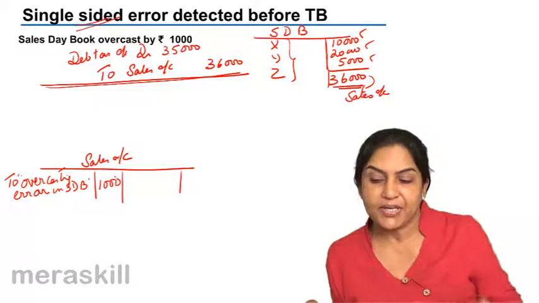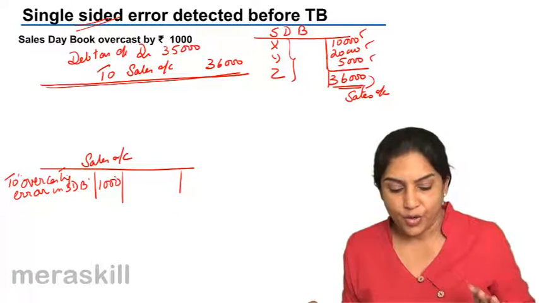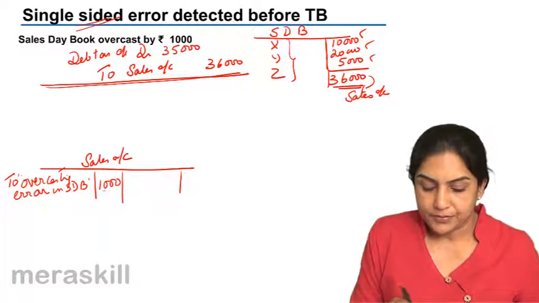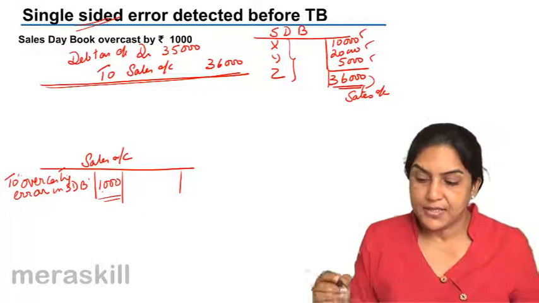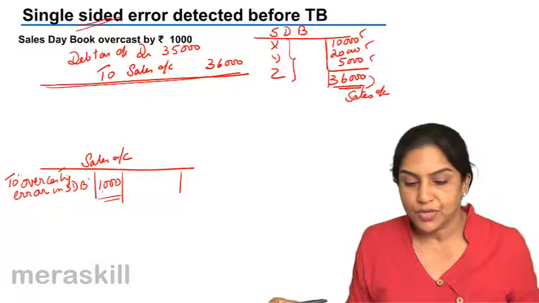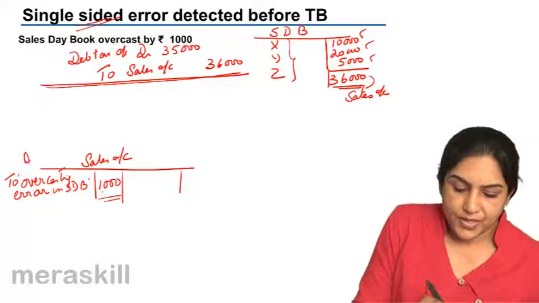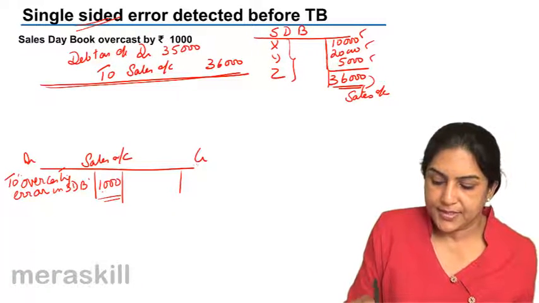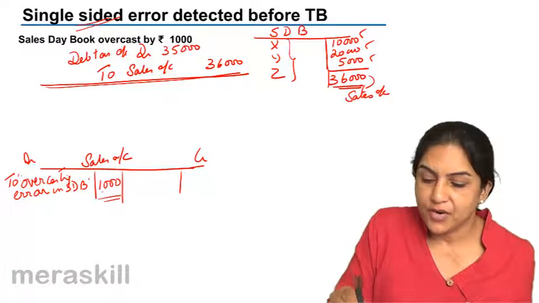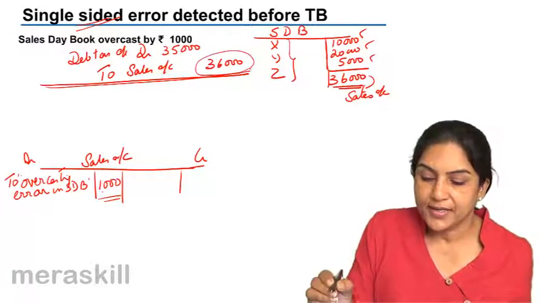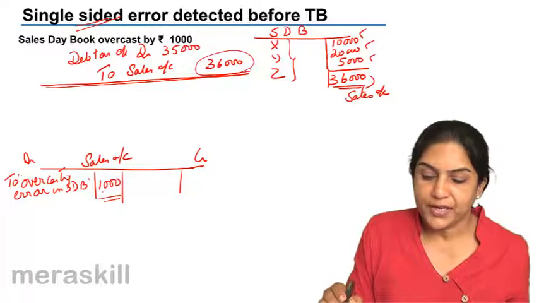This is a pretty simple example, and I hope the effect is very easy to deduce. So sales account, debit, credit, sales account, excess credit here. In order to remove the credit, what do we do?